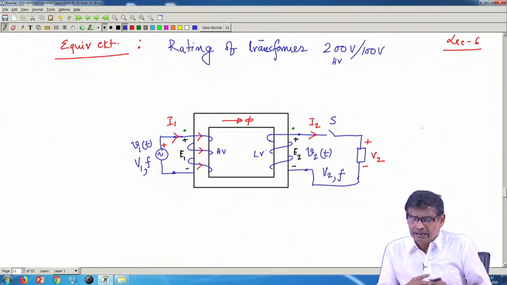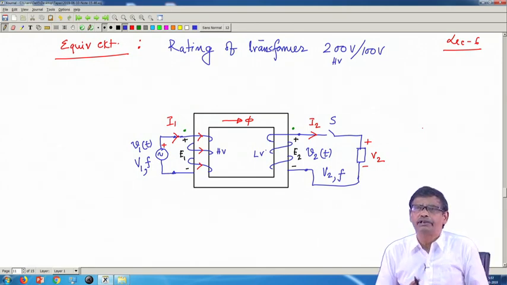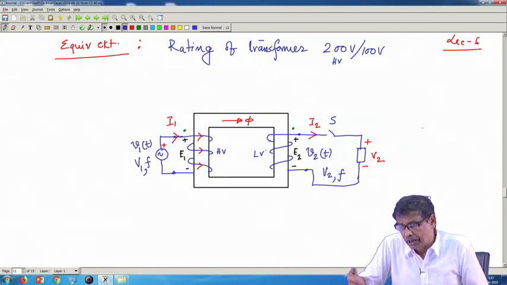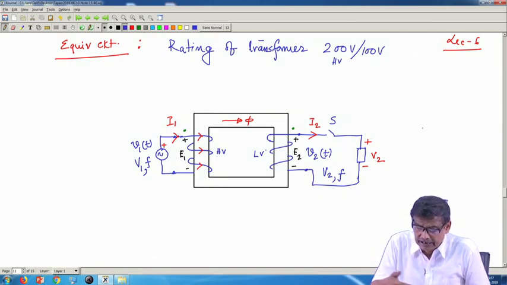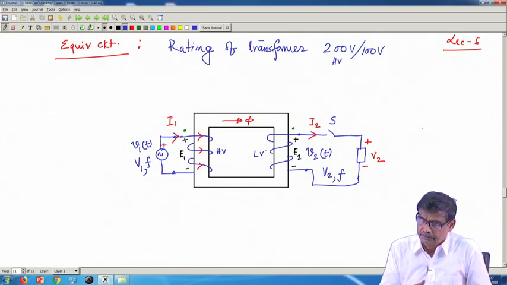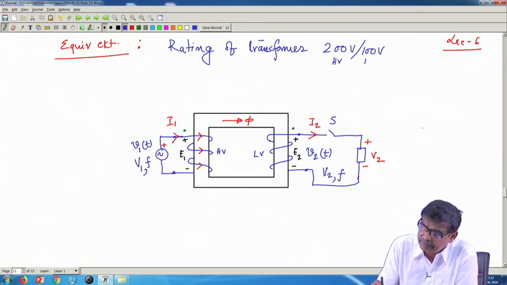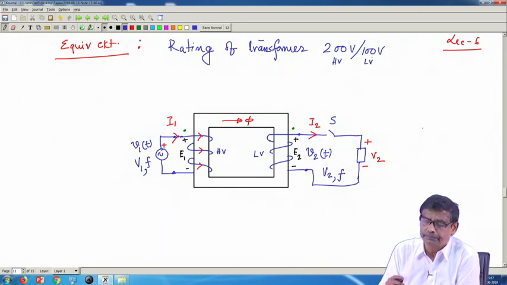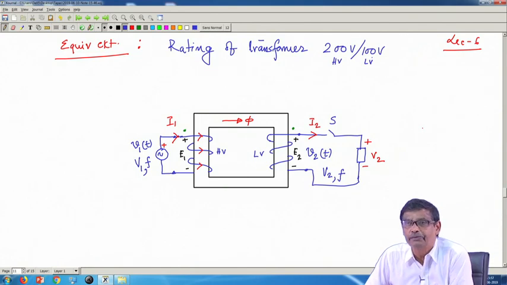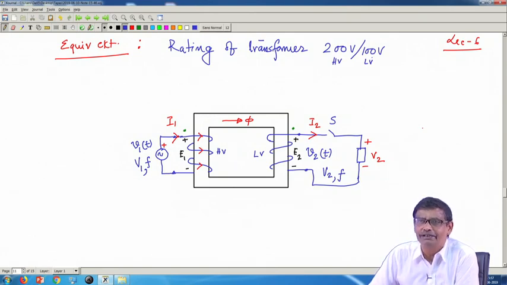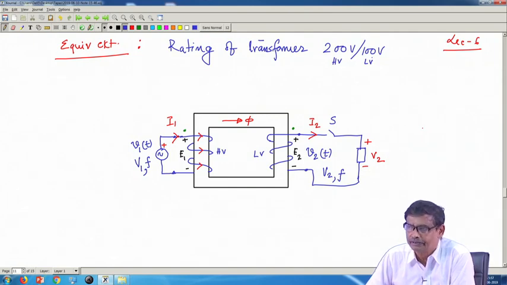Either of them can be used as primary. When LV is used as primary you apply 100 volt and get 200 volt, and vice versa. Therefore, it is more scientific to describe a transformer in terms of HV and LV rather than primary and secondary. The user will decide which one becomes primary and which becomes secondary.